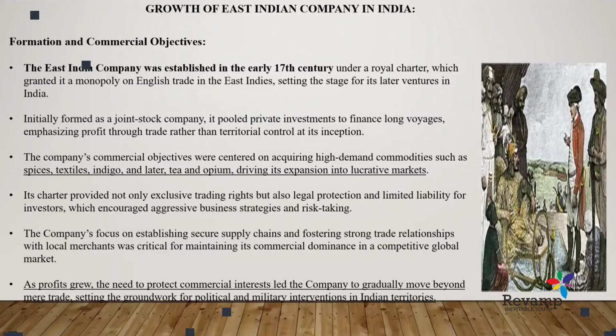They adopted many charter acts, due to which, as profits grew, the need to protect commercial interests led the company to gradually move beyond mere trade, setting the groundwork for political and military interventions in Indian territories.